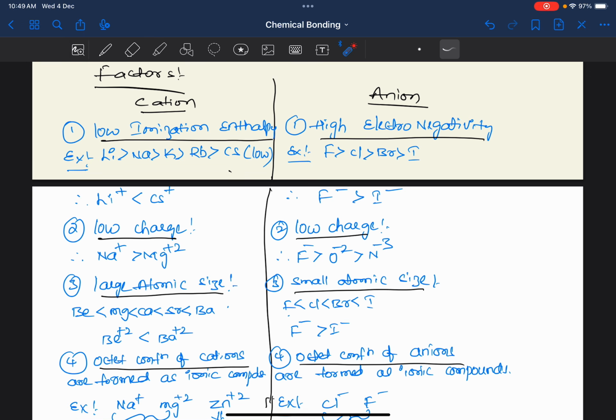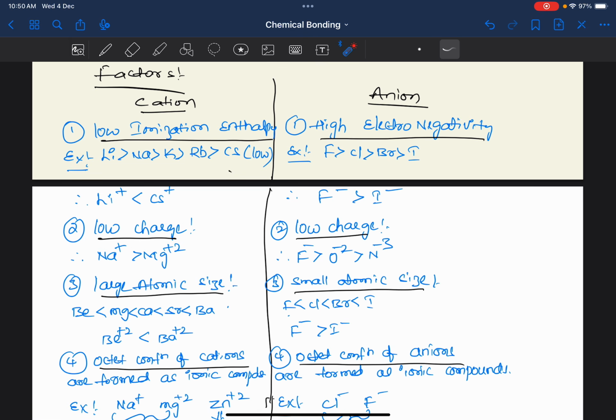When we compare sodium ion and magnesium ion, sodium ion is formed more easily, because sodium loses only 1 electron, but magnesium loses 2 electrons. Losing 2 electrons is difficult compared to losing 1 electron. Therefore, low charge is preferable.